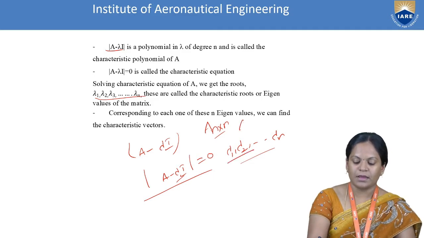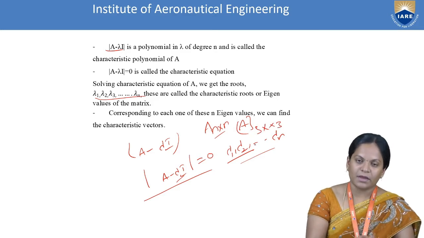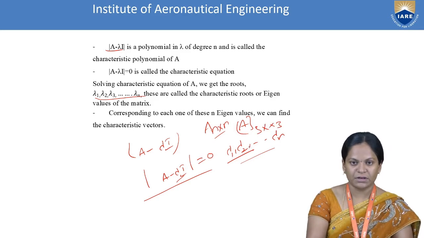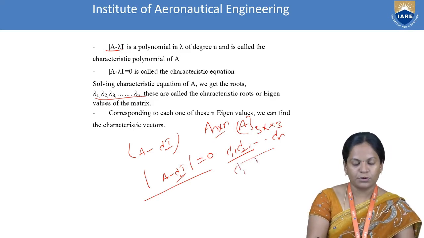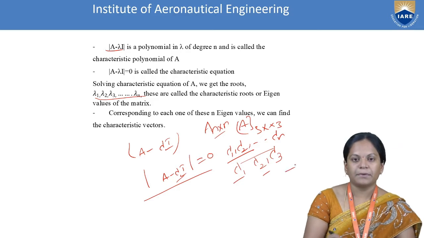If A is a matrix of order 3 by 3, then definitely we get a third degree polynomial equation, and for it we get 3 roots. The roots are nothing but the eigenvalues, lambda 1, lambda 2 and lambda 3.